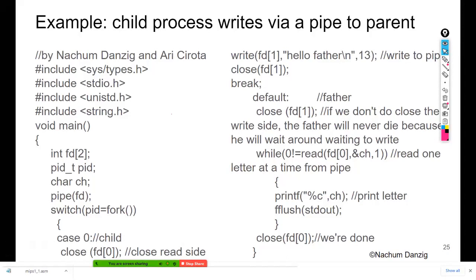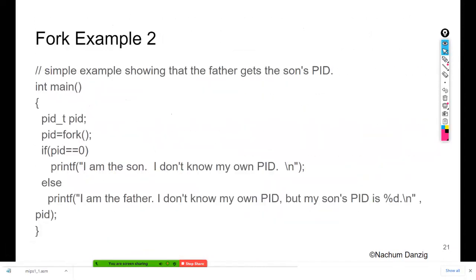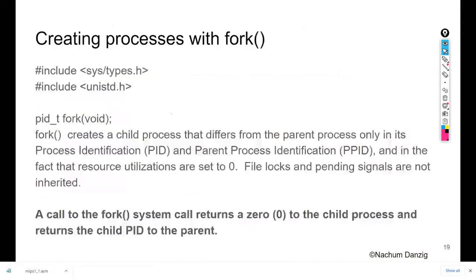There's one mistake here. I should really check first for a case. What case should I check for that I didn't? Anybody? What case did I not check for? Let's look at the man page here. Oh, it doesn't say. What case did I not check for?